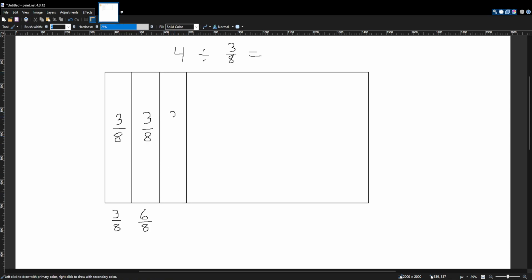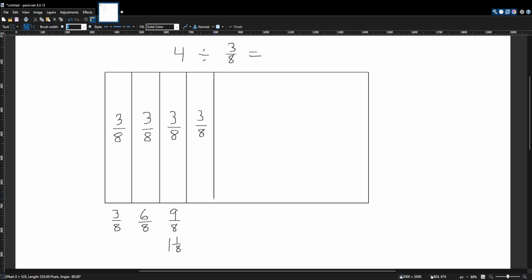So after I have three 3/8s, that's 9/8, which is 1 and 1/8, because 8 fits inside of 9 one time, and we're left with 1 extra eighth. If I add 3 more eighths on top of that, then I have 1 and 4/8. If I continue with this, another 3/8 is going to give me 1 and 7/8.